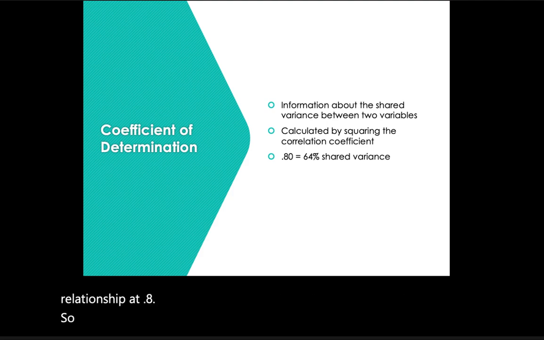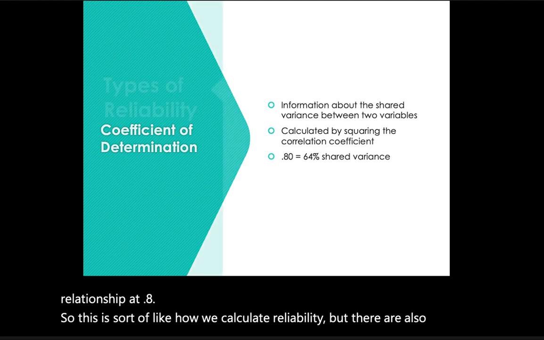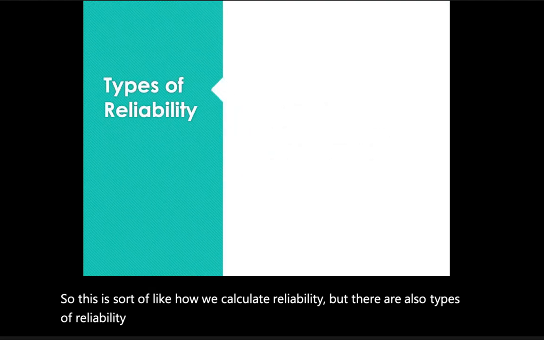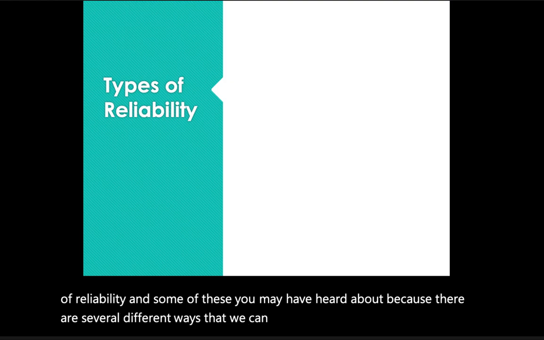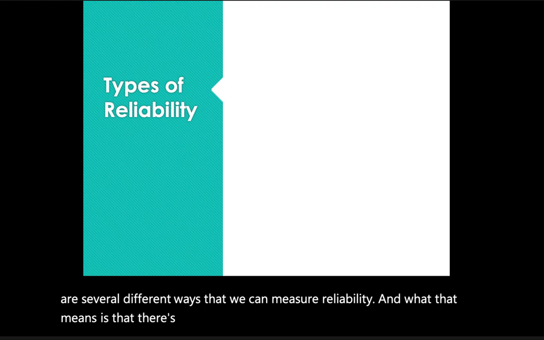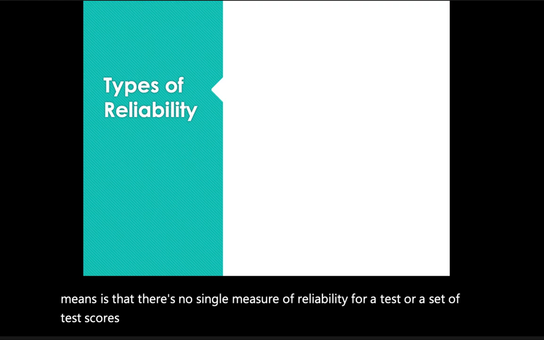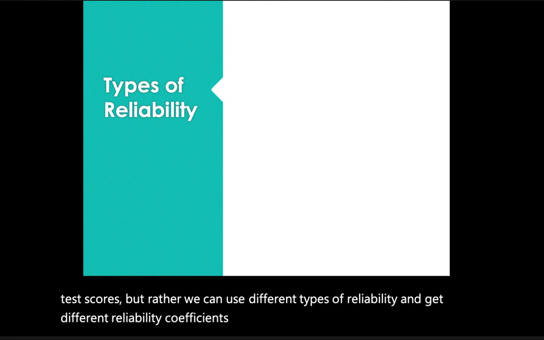So this is sort of like how we calculate reliability. But there are also types of reliability, and some of these you may have heard about because there are several different ways that we can measure reliability. What that means is that there's no single measure of reliability for a test or a set of test scores, but rather we can use different types of reliability and get different reliability coefficients depending on how we are determining our reliability.